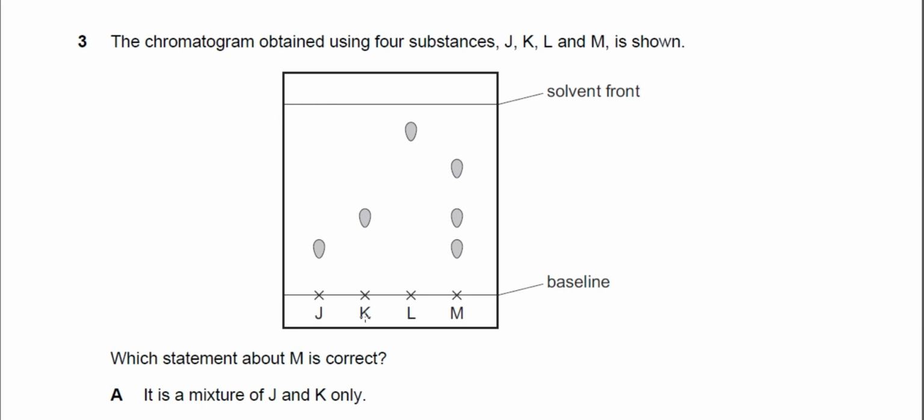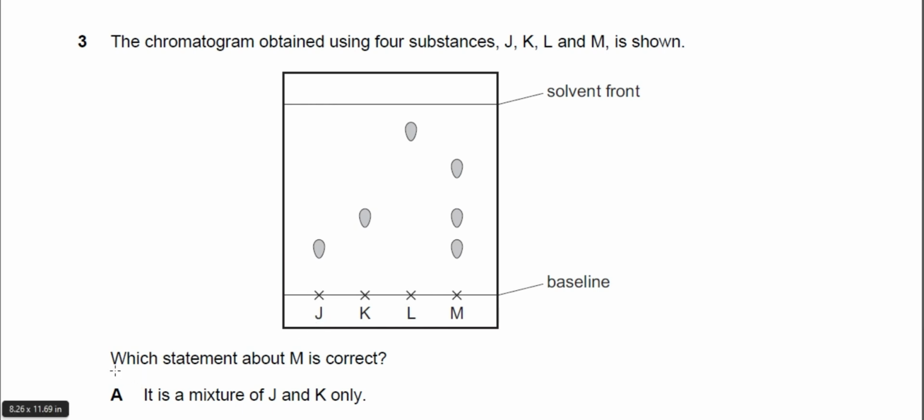K is also pure, splitting into one. L is also pure, but M is a mixture because it is splitting into 3 particles, meaning it is made up of 3 different substances. So M is a mixture, and L, K and J are all pure substances.